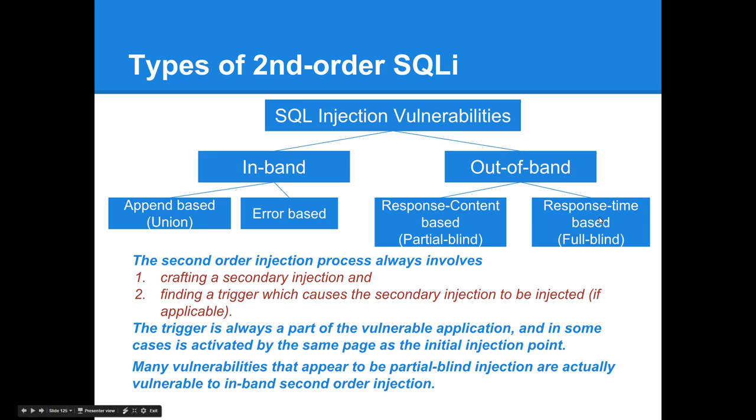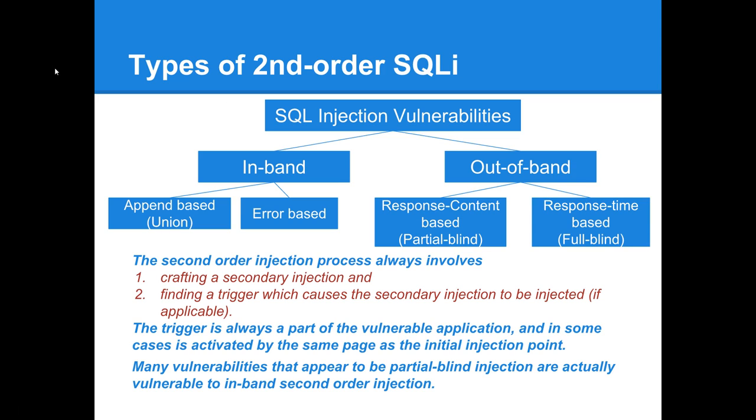And then next, if applicable, finding a trigger which causes that secondary injection to be injected. This trigger is always going to be part of the vulnerable application, and sometimes is activated by the same page as the initial injection point that you're putting the secondary injection in.